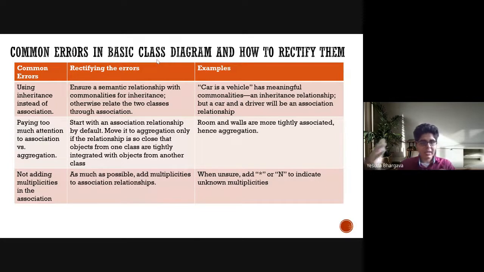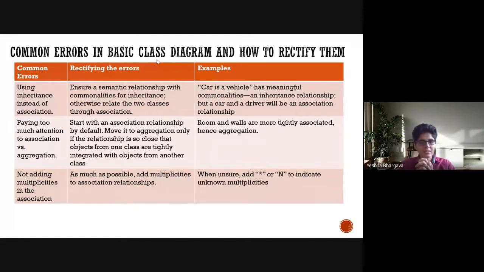You move on gradually from association if you really feel that there is a strong reason to identify aggregation or composition. Then you discuss among your team members or your project managers or technical managers, and then you identify that kind of association. But don't spend too much time bothering about the nature of the association.